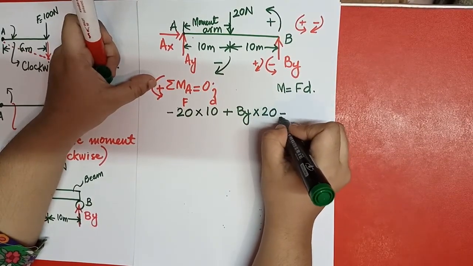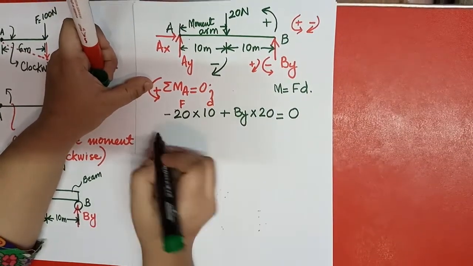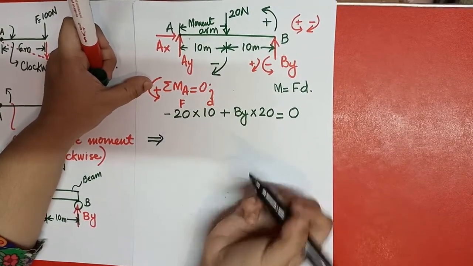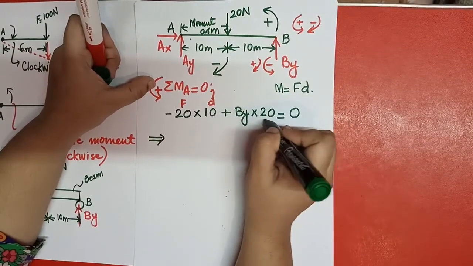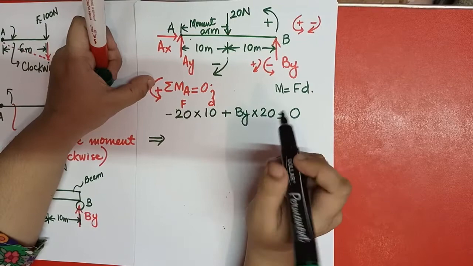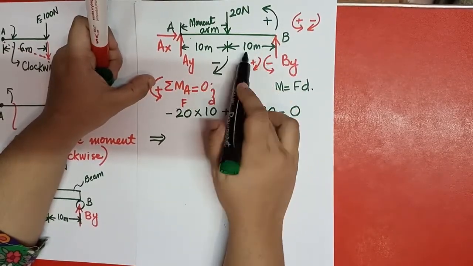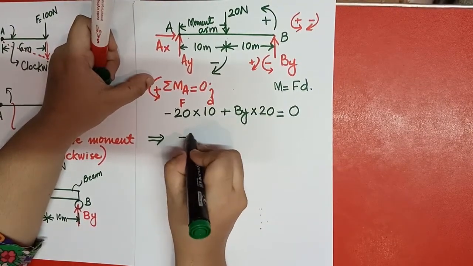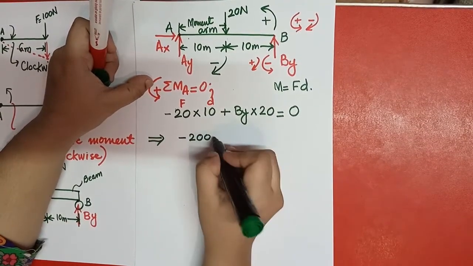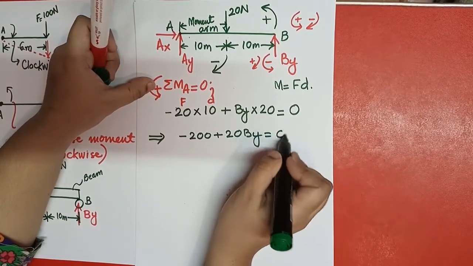So when I sum up, it will become equal to 0. Now I am able to find By. This 20 is not the force, keep it in mind; it is the distance between A and B, that is 10 plus 10 equals 20. So it becomes negative 200 plus 20 By equals 0.